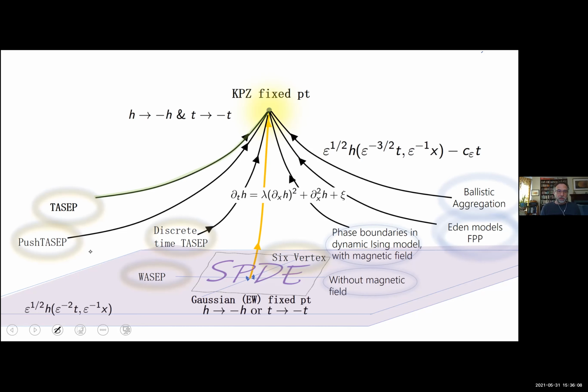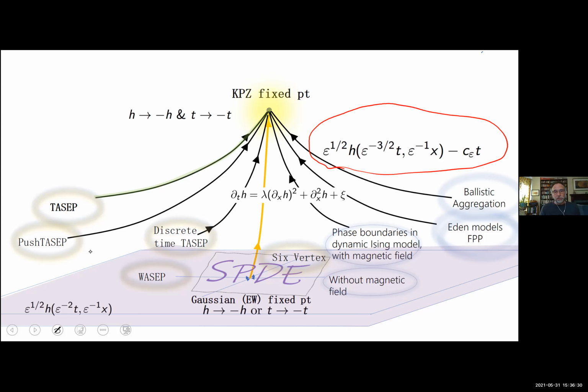And in this universe, there are actually 2 universal fixed points, but the scaling for the 2 universal fixed points is different. The type of scaling we're interested in is this 1, 2, 3 scaling here. That's what we're talking about.